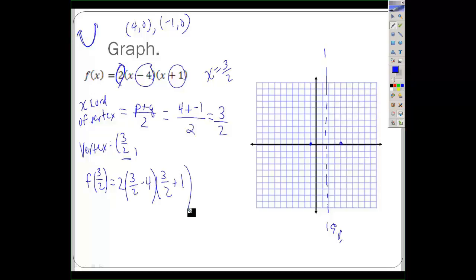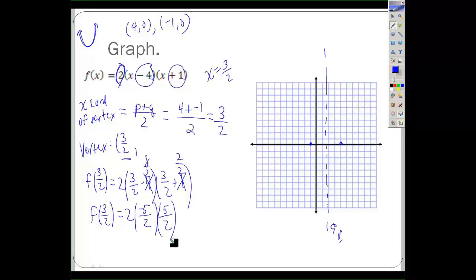Now, I know we're still struggling a little bit with adding fractions, but 4 is really just 8/2, and 1 is really just 2/2. So what I really have is f(3/2) equals 2 times (3/2 minus 8/2, which is -5/2) times (3/2 plus 2/2, which is 5/2).